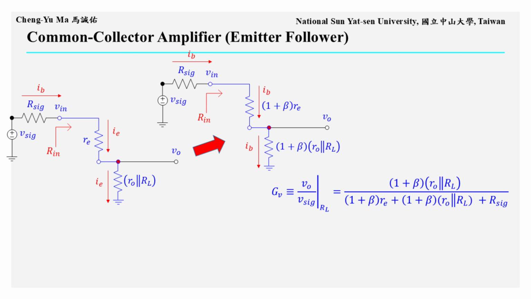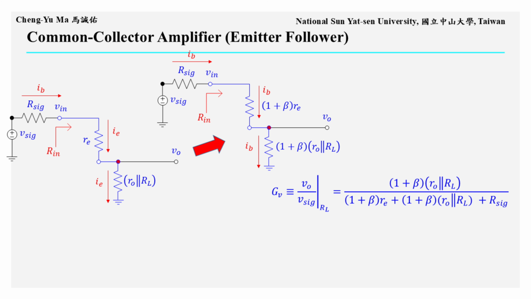For the common collector voltage amplifier, the signal travels from the base to the emitter. In the actual circuit, the current through R sig is IB, while the current through Re and Ro in parallel with RL is IE, so these elements are not truly in series. However, by using the resistance reflection rule, the emitter side resistance can be reflected to the base side by multiplying it by 1 plus beta.